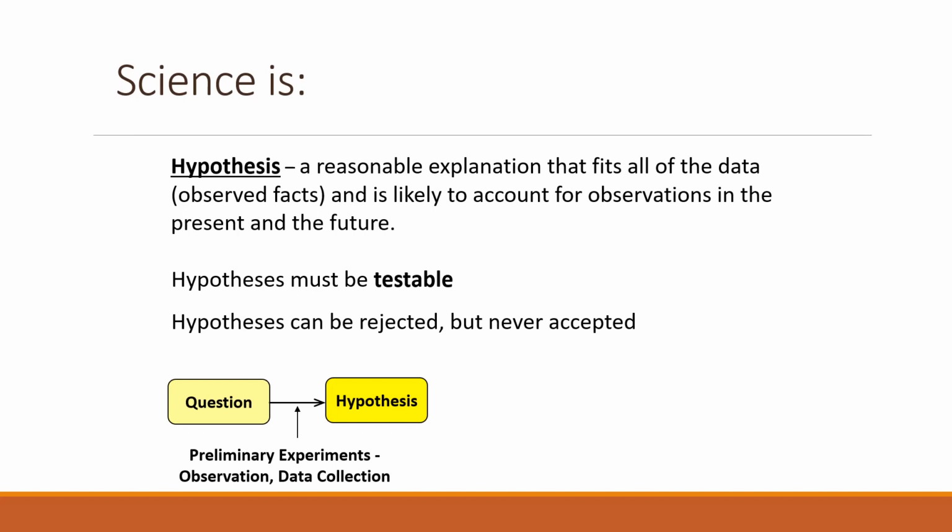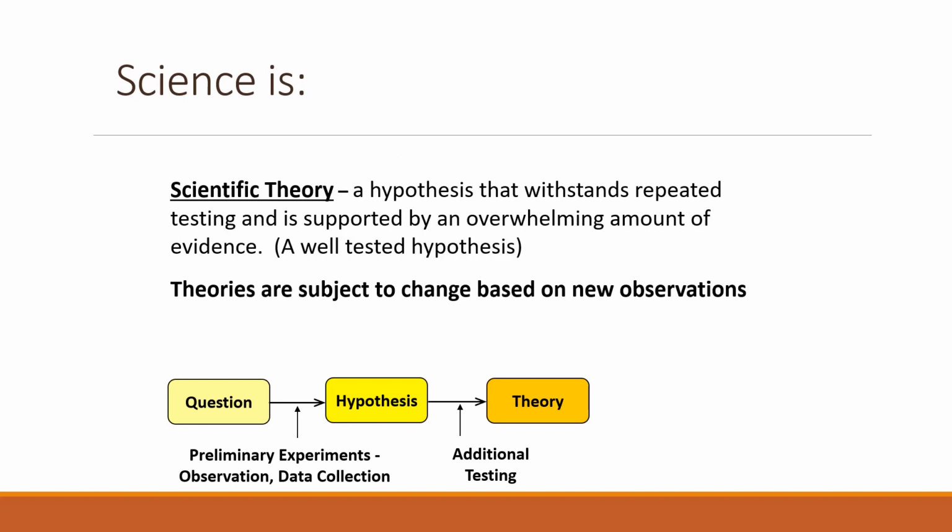If we did, then we have to refine it. So we do additional testing. Once we get to the point where our hypothesis is fairly well tested, that we think we account for most every observation that's going to come forward, that's when we can say that our hypothesis has been elevated into a theory.